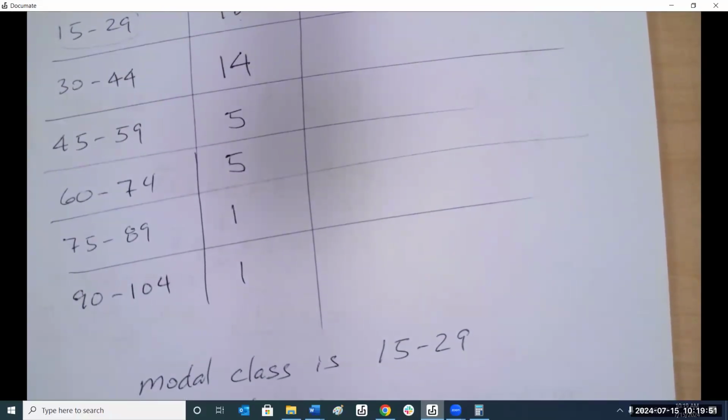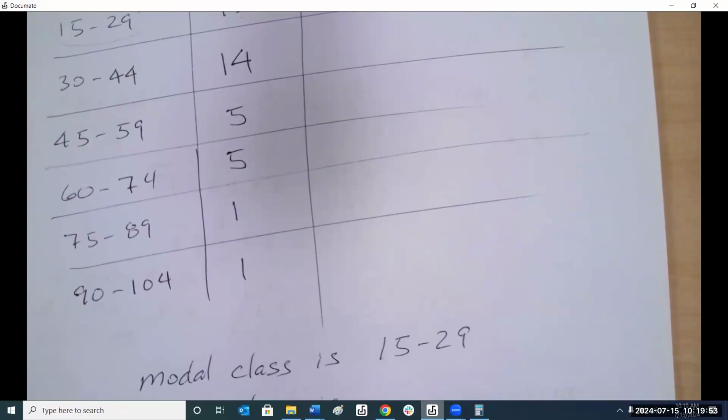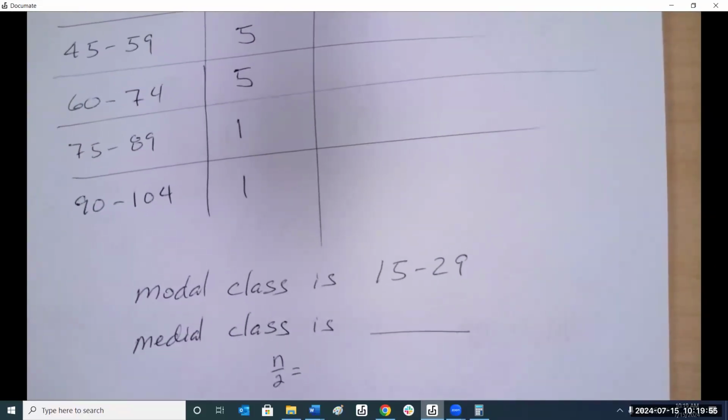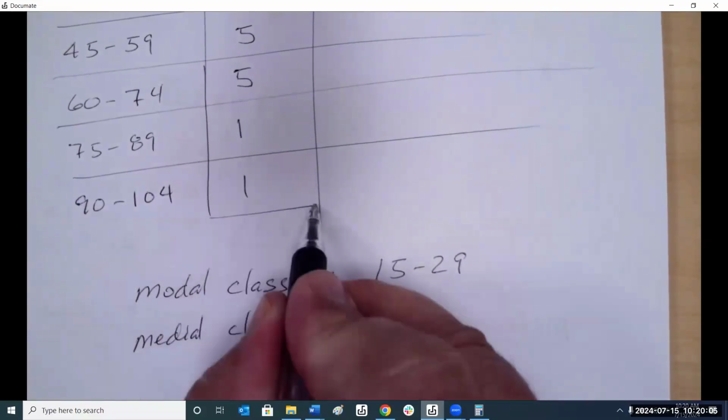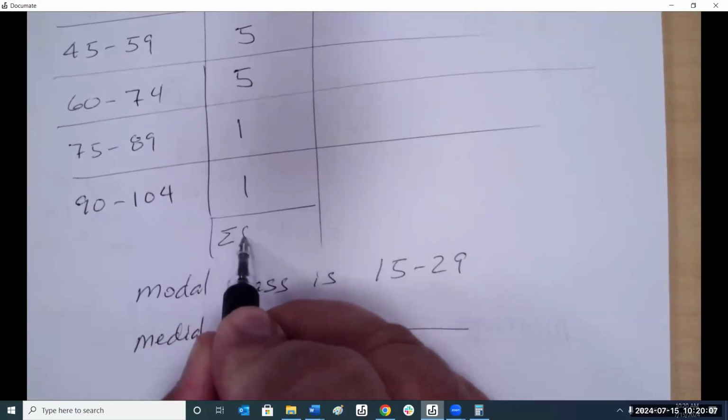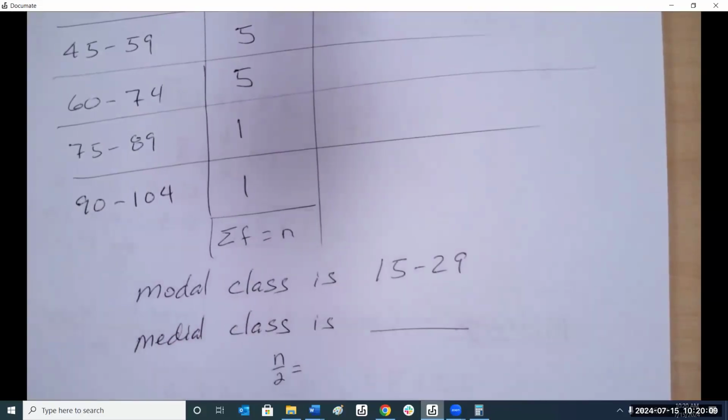Second step of the median: take n divided by 2. So what is our n here? How do we find n? Frequencies. Very excellent. So the summation of all the frequencies is n, and we know that was 50 from yesterday.